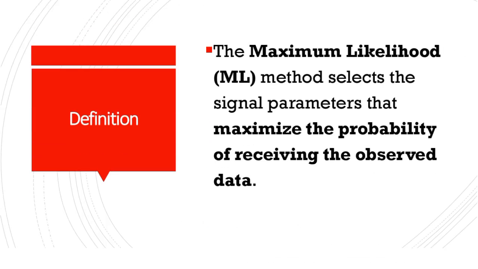Now see here. First, what is the definition of the maximum likelihood algorithm? The maximum likelihood method selects the signal parameters that maximize the probability of receiving the observed data.